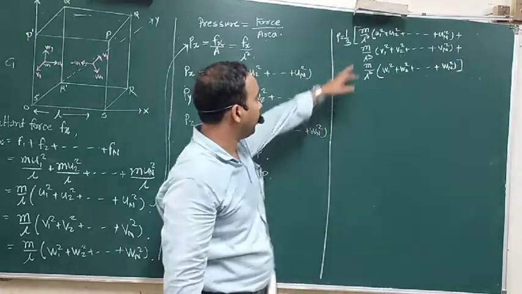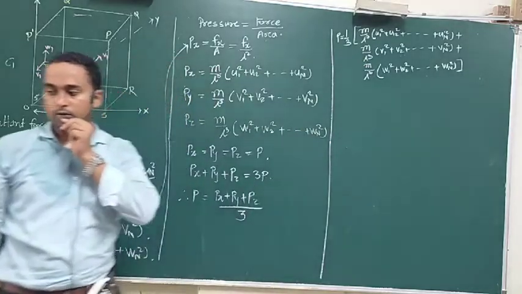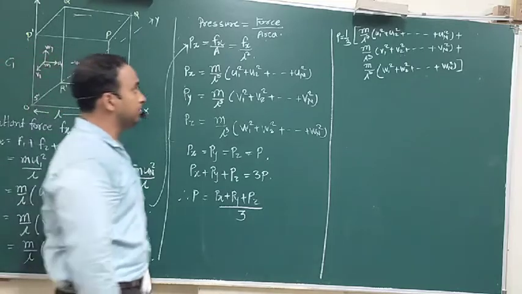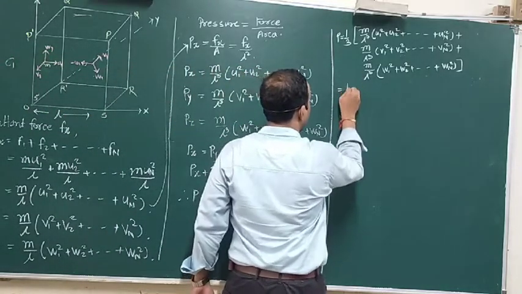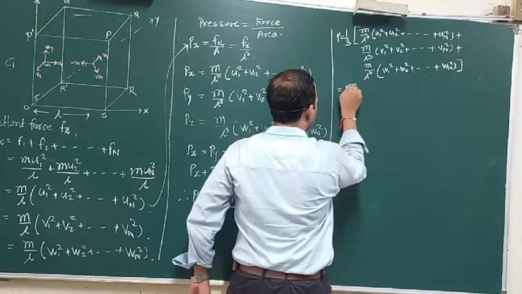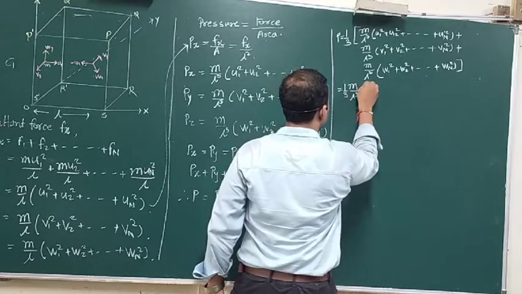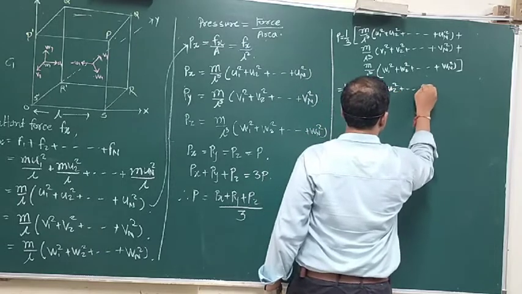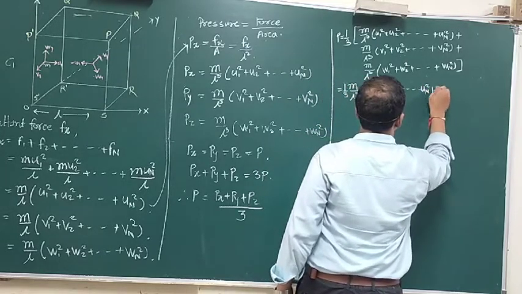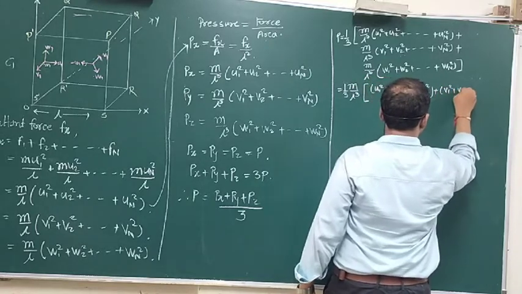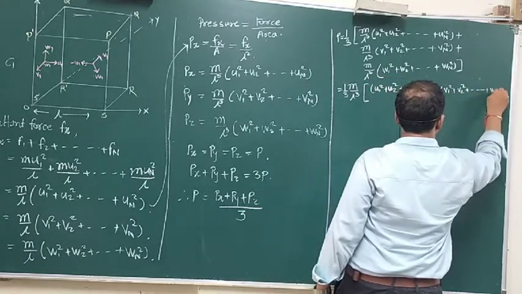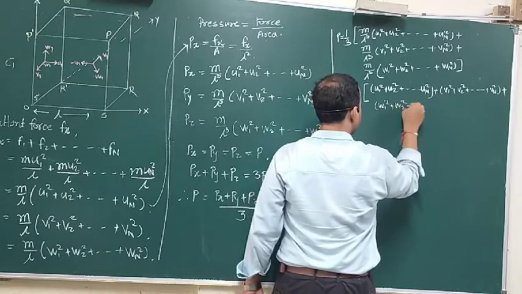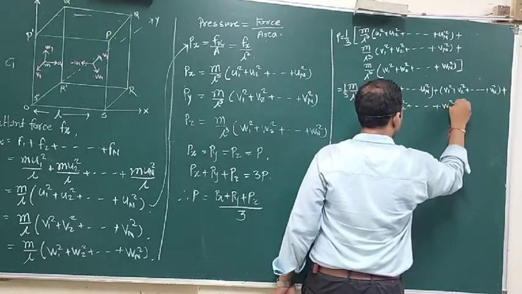Now m upon L cube is common, so taking it outside, we get 1 by 3 into m upon L cube into u1 square plus u2 square plus and so on un square plus v1 square plus v2 square plus and so on vn square plus w1 square plus w2 square plus and so on wn square.